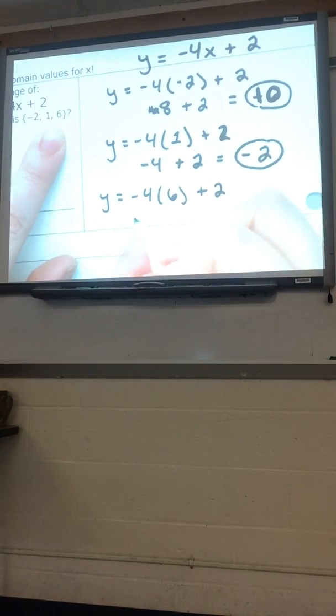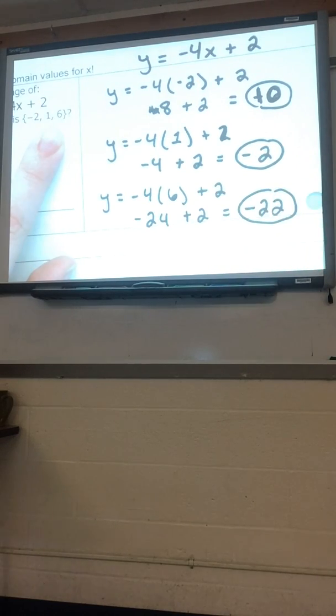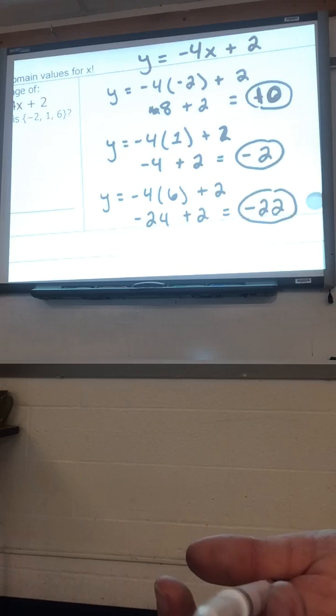Negative 4 times 6 is negative 24, plus 2 is negative 22. So I plugged in negative 2, 1, and 6 for x, because those were my three numbers in my domain. And when I did the math, I got 10, negative 2, and negative 22. Those are the values in my range.